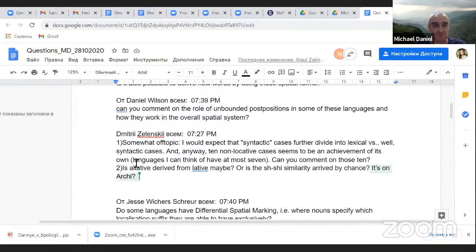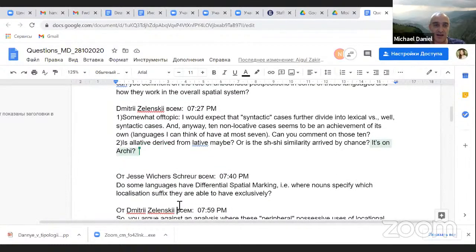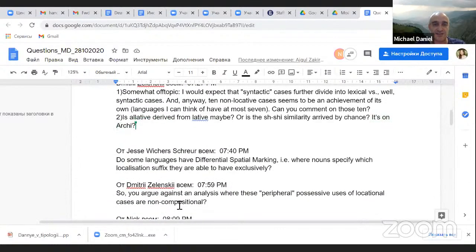But was the question on Archi? Let me see. No, it was not the allative. It was a terminative, I think. The case Kena. This form is not very clear to me. It's very rarely used, so I can't comment on it. The allative itself is not derived from lative. That's for sure.